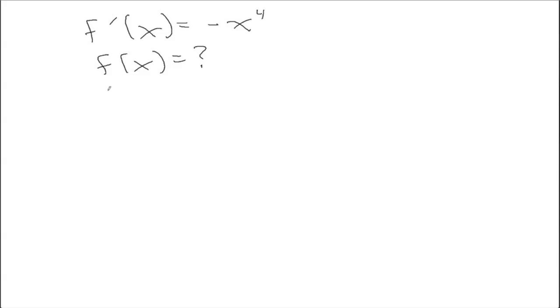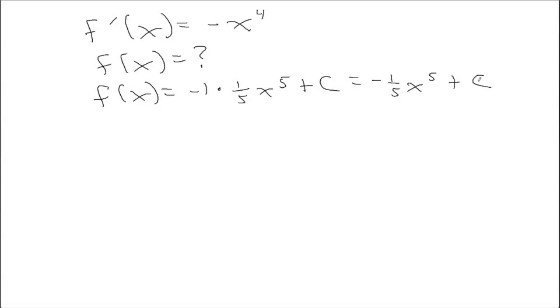Let's try this one. Okay. So -x to the 4th. The antiderivative of -x to the 4th would just be -1 times 1/5 x to the 5th plus c. So it's just -1/5 x to the 5th plus c. Like this? Yep. Okay, check that.